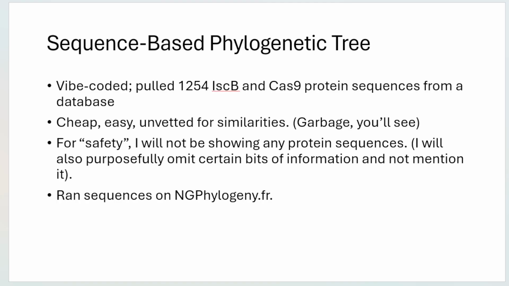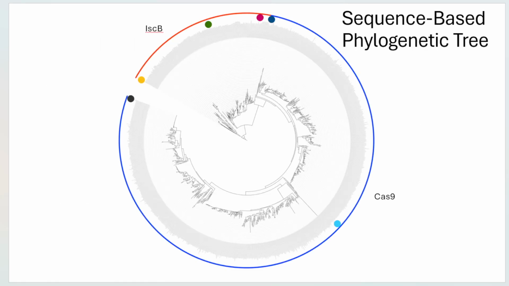And I ran these 1254 sequences on a really simple phylogenetic tree maker called ngphylogeny.fr. All the tools I used will be in the description below. So this is the phylogenetic tree I created. This red section here, all of these sequences are IscB, followed by Cas9s, which is all of this blue section here.